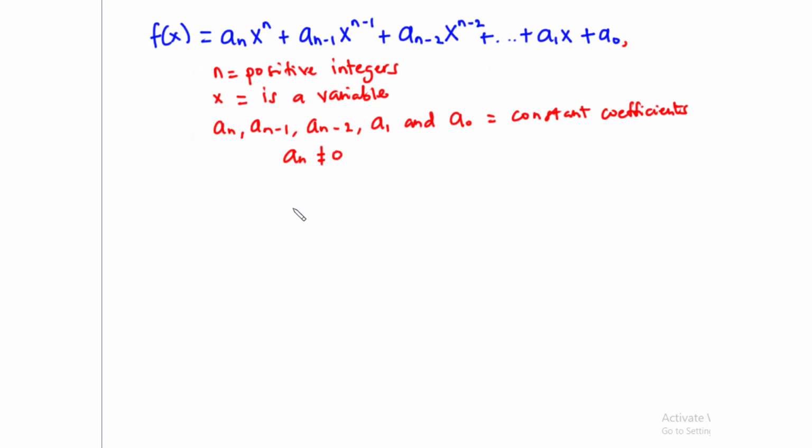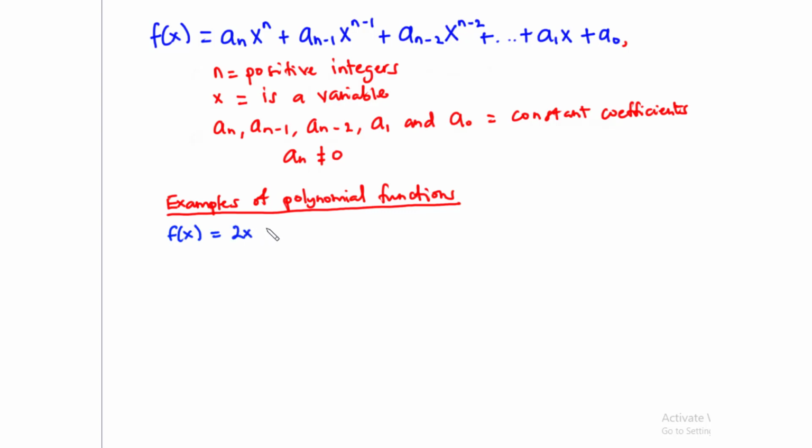Now let's look at some examples of polynomials. So we have f of x equals 2x plus 1. We have g of x equals 8x squared plus 10x minus 7.